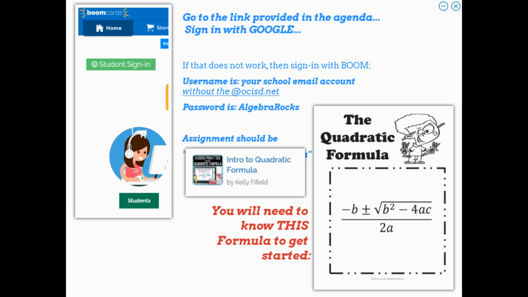If you have to choose and it doesn't take you straight to a thing, then this is the assignment you're choosing, Intro to Quadratic Formula. For whatever reason, some people last class period, it took them straight to the assignment.